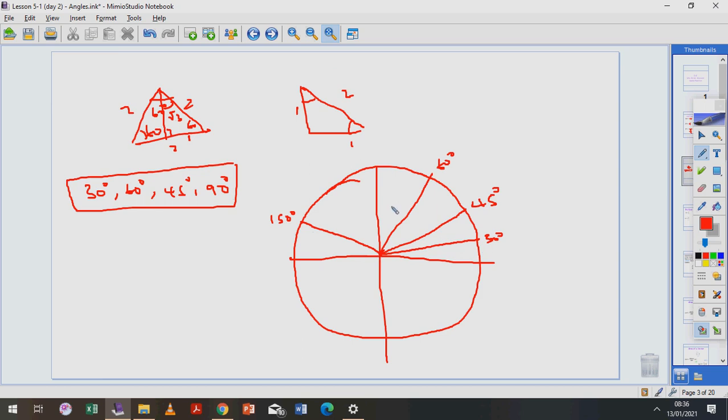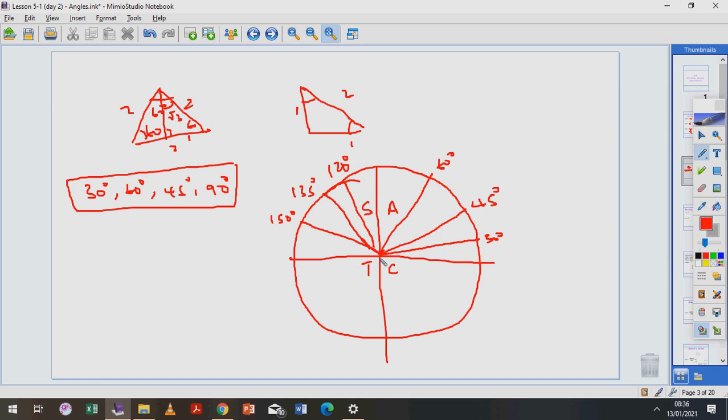You need to remember to place the signs properly, because in this quadrant, all of them are positive. Here only sine is positive, here only tan, and here only cosine. What is the coterminal angle to 45? 135. 135 has the same ratios as 45. What's the one for 60? 120. Again, it has the same ratios as 60. Just remember to use the correct signs.